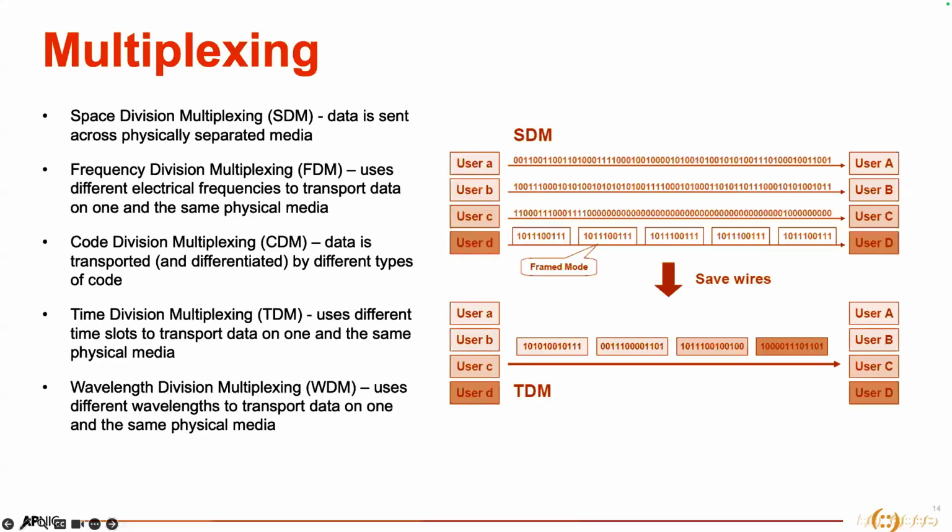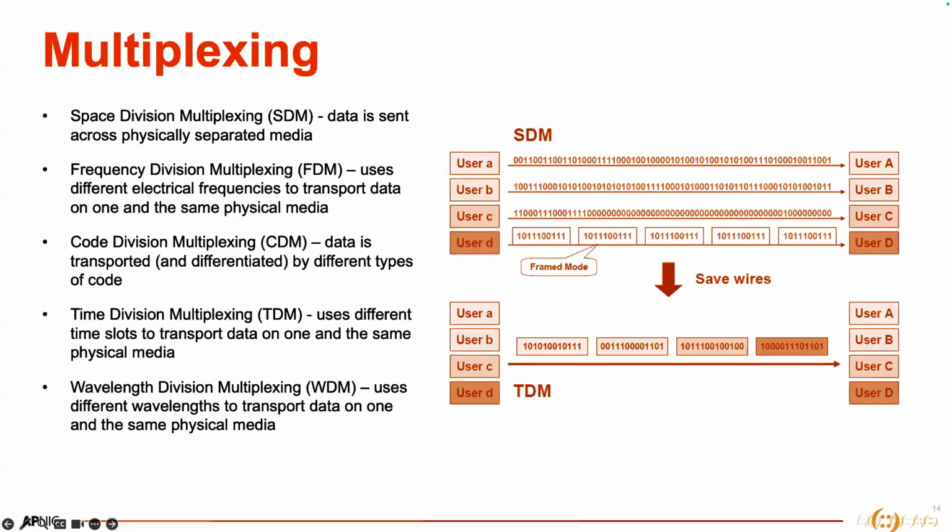So if there are 4 sources and 4 destinations, source 1, then 2, then 3, then source 4 will send their data one after another in their own time segment. And at the destination, data will reach based on that time segment.